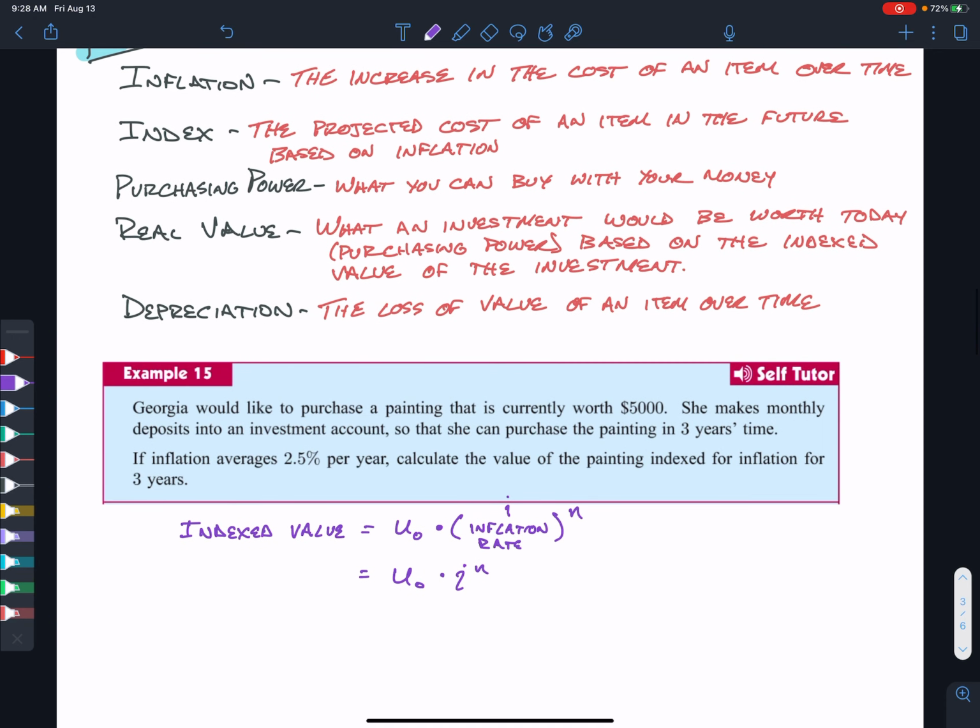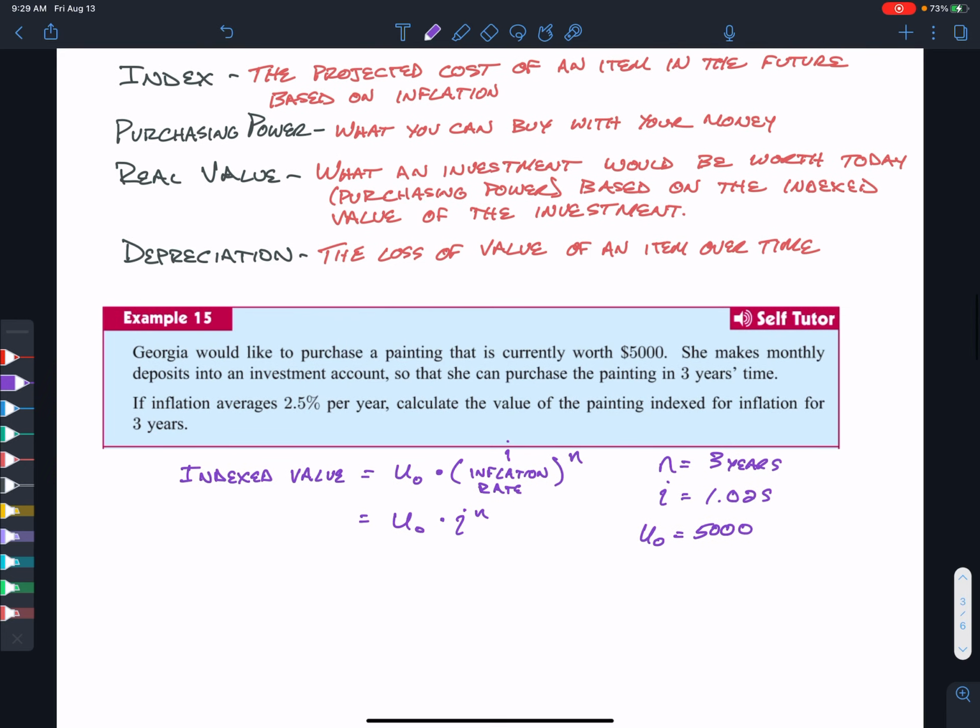Okay, so n here is going to be 3 years. I is going to be 1.025 because it's 2.5%. And again, we're going to be applying it to the balance of 5,000. And u of 0, the initial value, is 5,000.